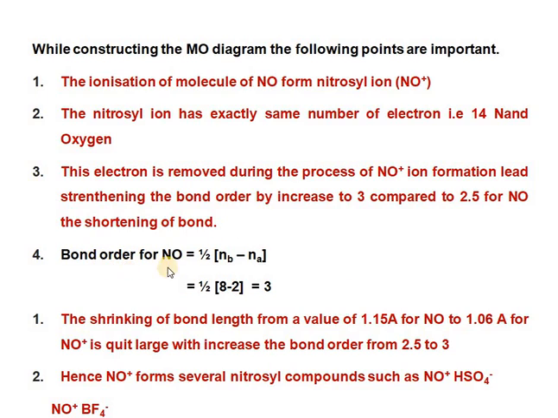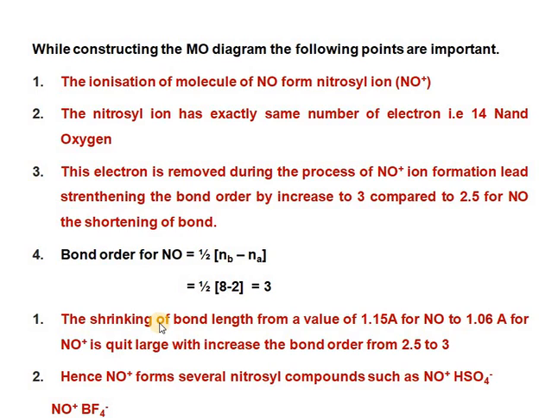We can calculate the bond order for the nitrosyl ion as one half of bonding minus antibonding, which is one half of 8 minus 2, equal to 3.